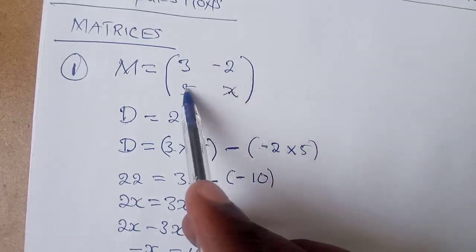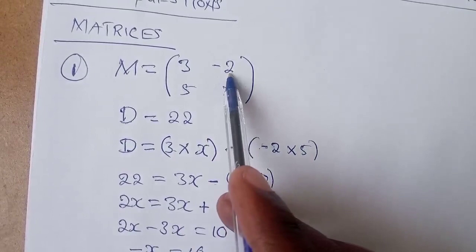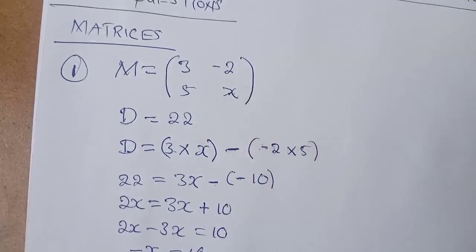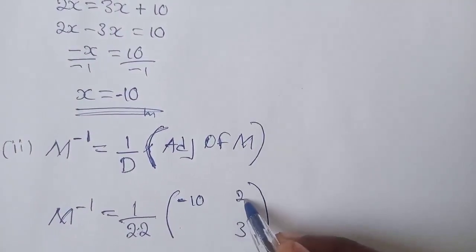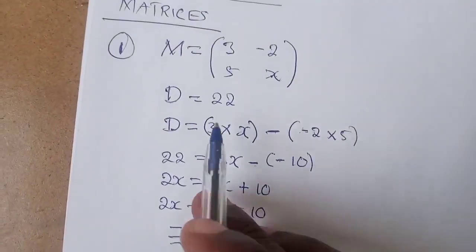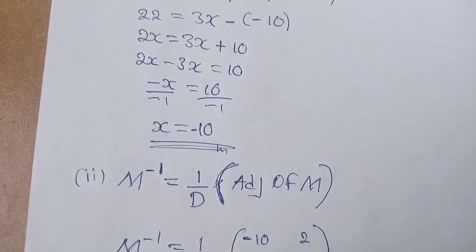Then these ones, this one is negative so it will become positive 2, like that. Then this one is positive, it will become negative 5.